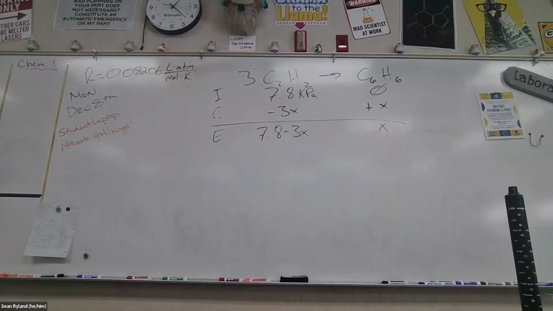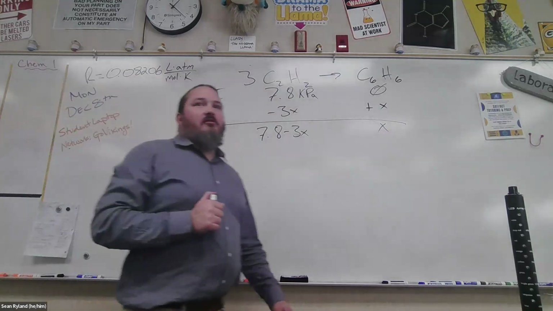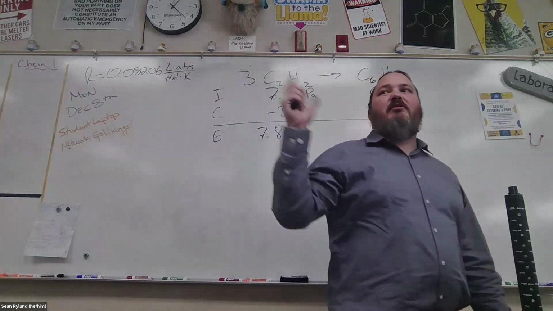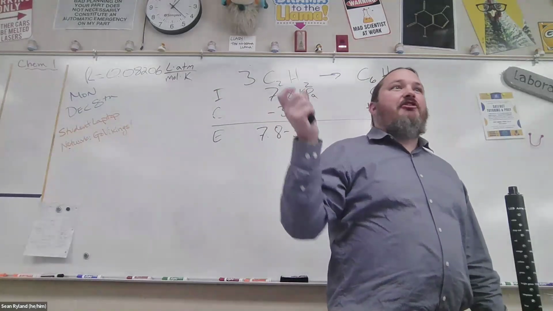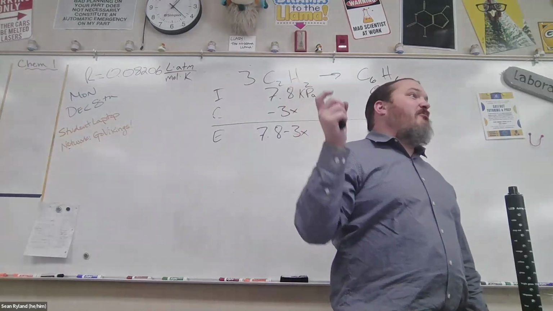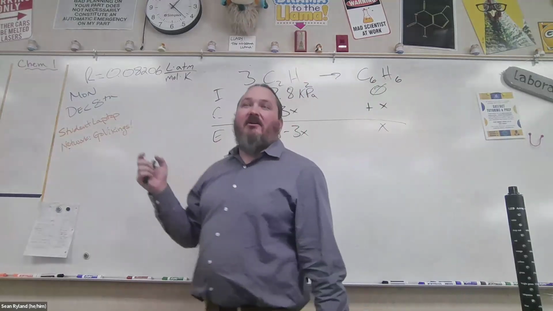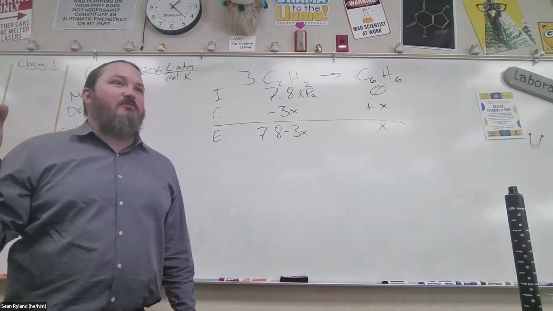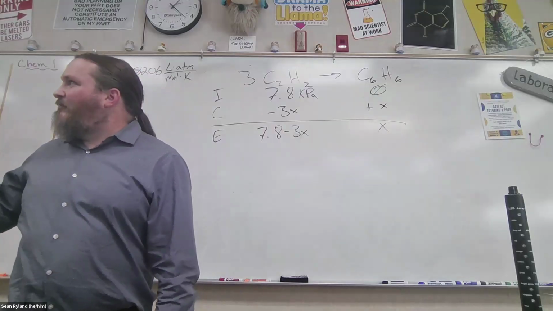The hint that I'll give for number 4: you have 2 different combustions happening. They're both going to be balanced differently, and they both have different starting amounts of your carbon-based material.